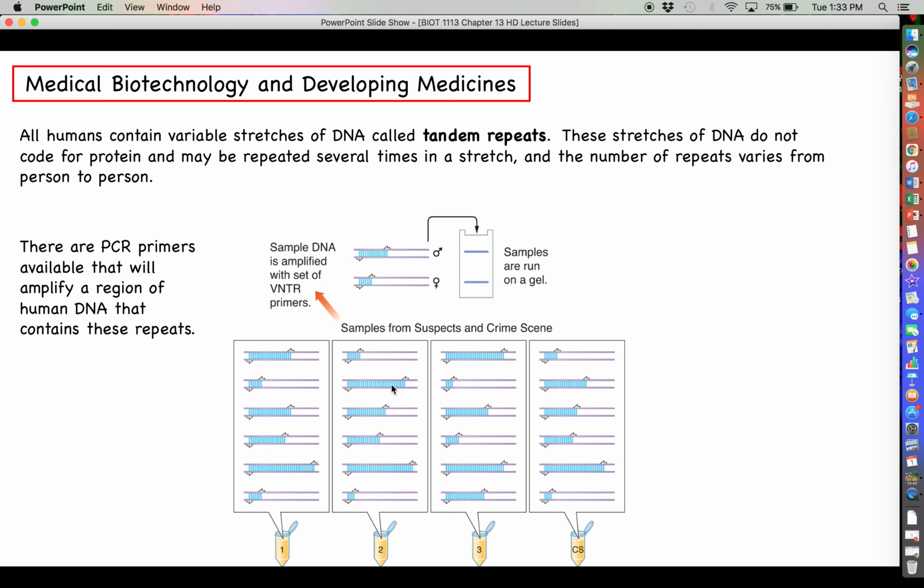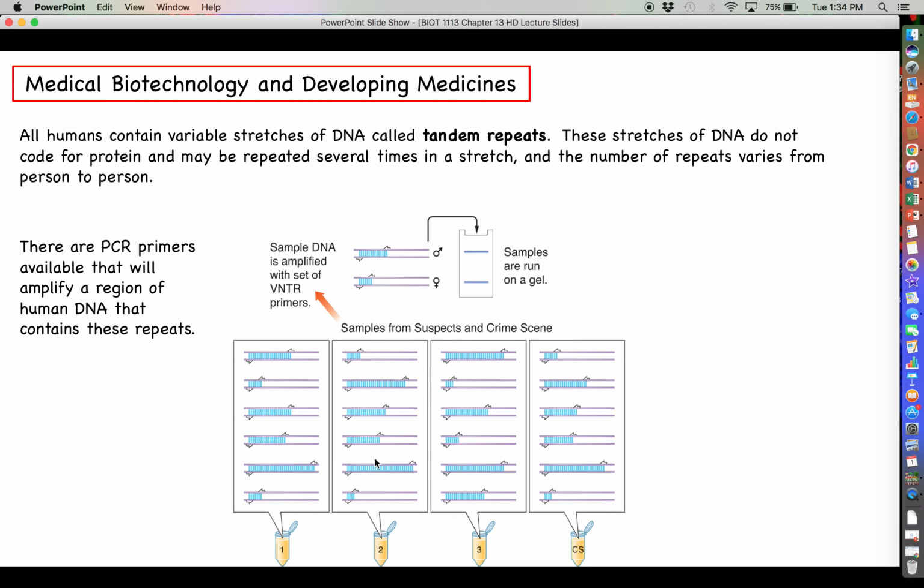So if you identify 3 different suspects and you take DNA samples from them and you subject those samples to PCR analysis, you should be able to, at minimum, eliminate suspects that do not match or do not fit the DNA left at the crime scene. So if you'll notice here, suspect number 1 is not really a good match because the size of the fragments that are amplified by the PCR primers does not really seem to match what is in the crime scene DNA.